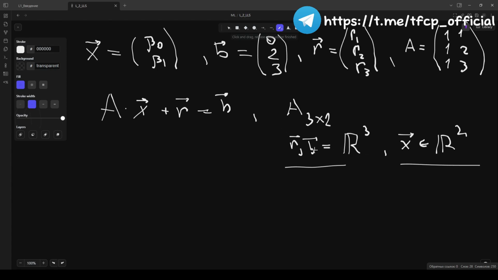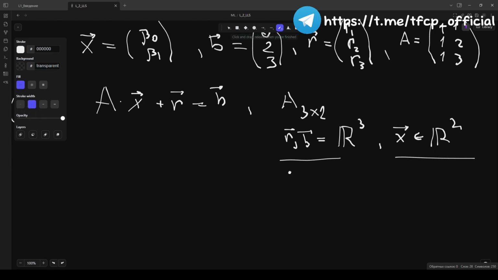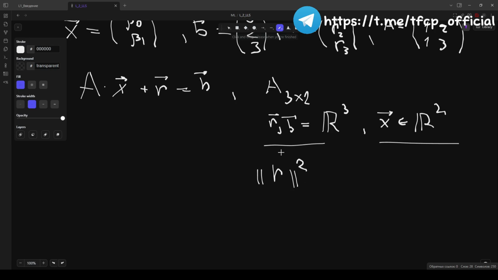Remember what problem we are solving. We need to choose v0 and v1 in such a way that the sum of their squares is reduced to the lowest possible level. And with these values, we will find not v0 and v1 separately, but the vector x, because x consists of these numbers. Now the length of the vector, that is the norm squared, is the length of this vector r.